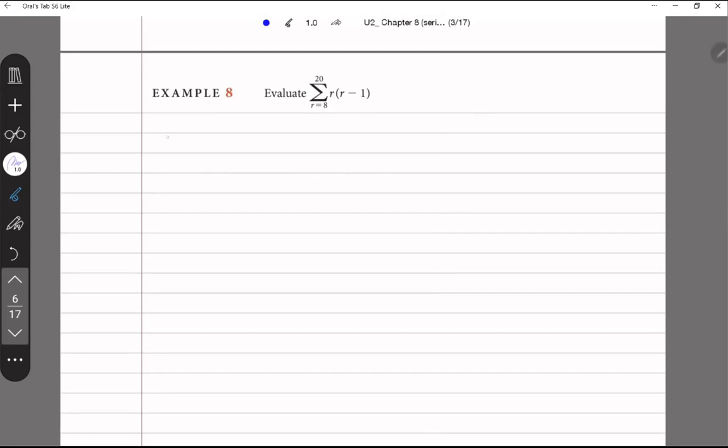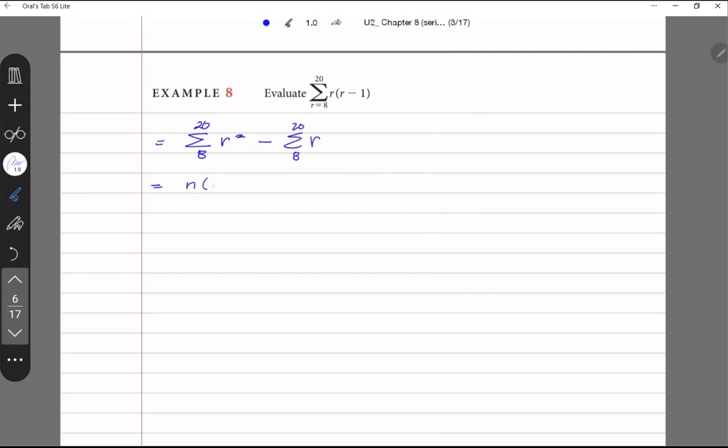So first of all, this would be the sum from r equals 8 to 20 of r squared minus the sum from r equals 8 to 20 of r. I normally just like to work out the formula first.